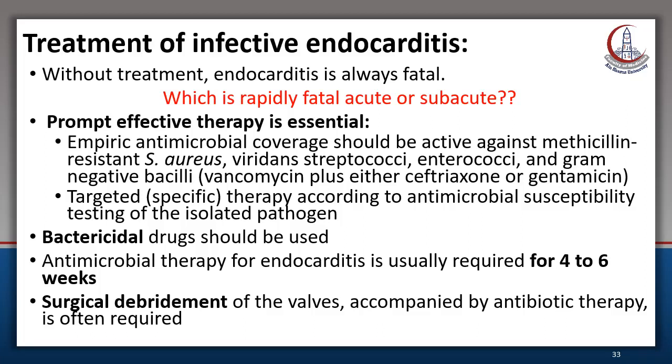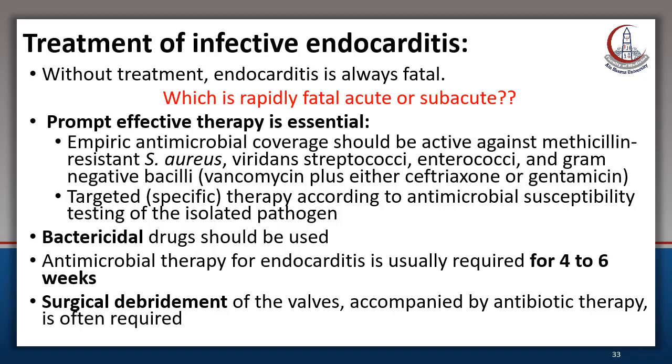Usually we start with empiric antibiotic therapy, chosen based on the most likely infecting organism. For example, a patient with a history of intravenous drug use is treated with nafcillin and gentamicin to cover methicillin-sensitive staphylococci.